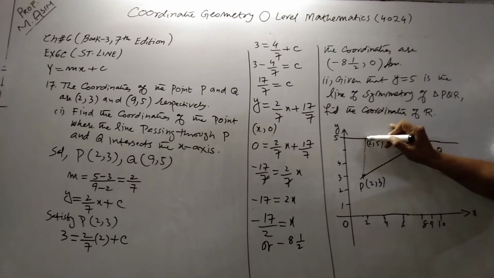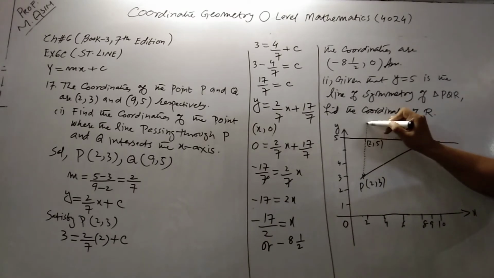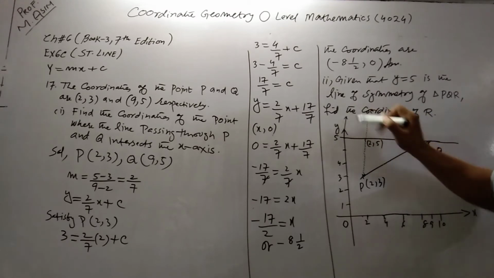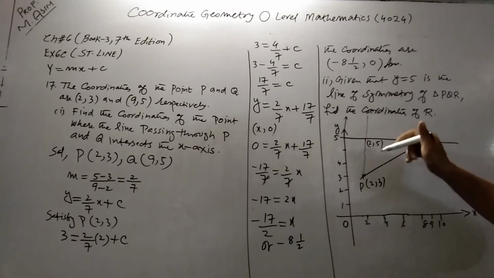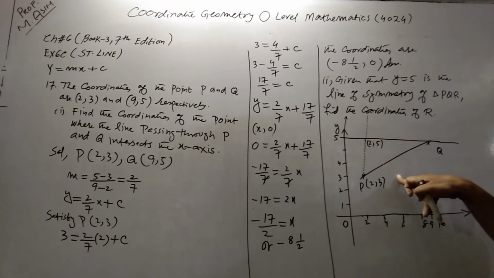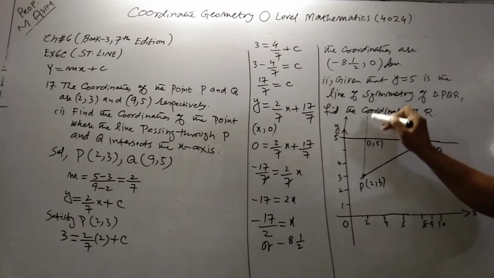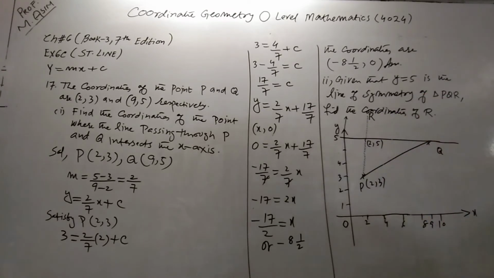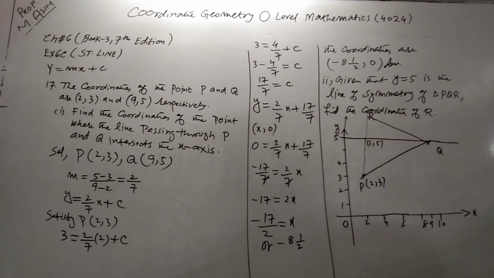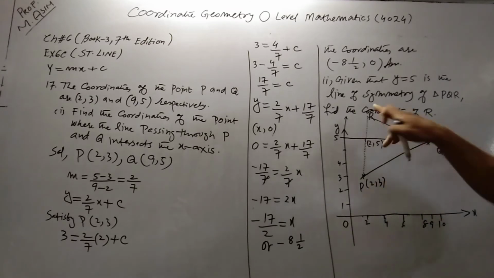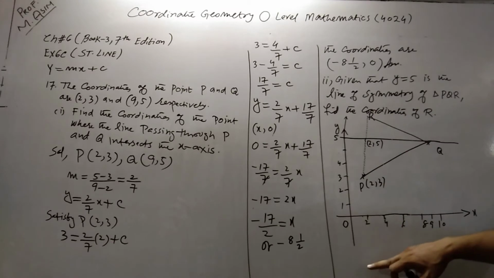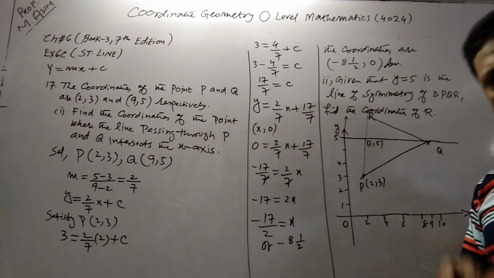Hence we extend this line. If this distance is 2, because this is 3, this is 5, 5 minus 3 is 2, this distance should also be 2. So this point is R, and if I join this point, this is our triangle PQR. So what are the coordinates of this R? Because this is a straight line, the value of x throughout is 2.